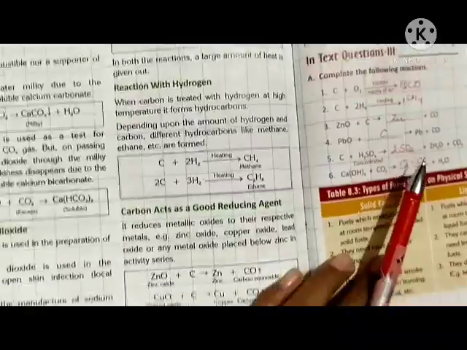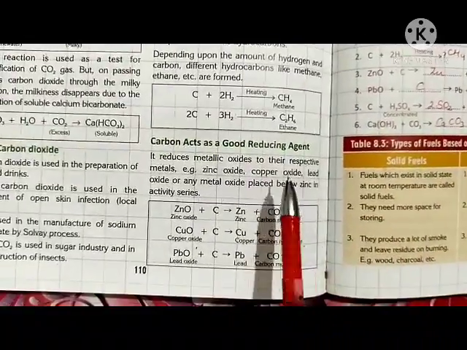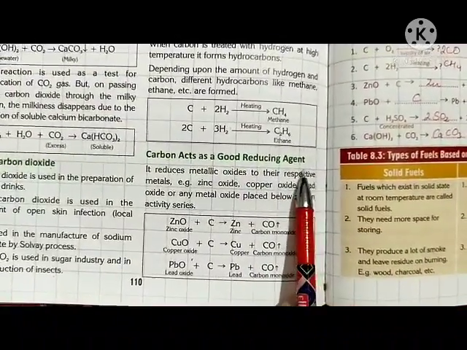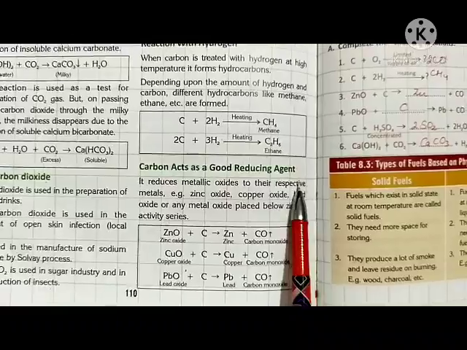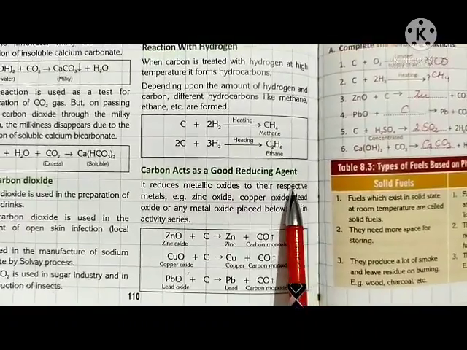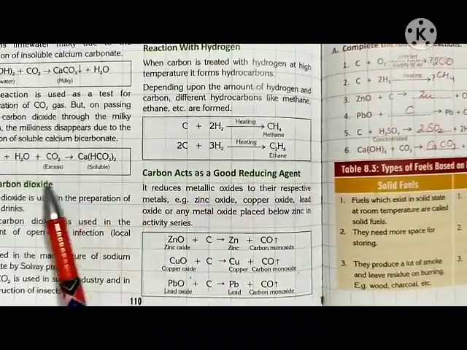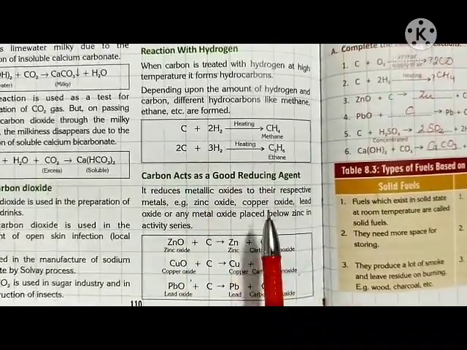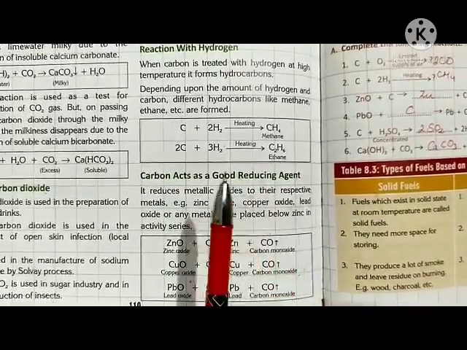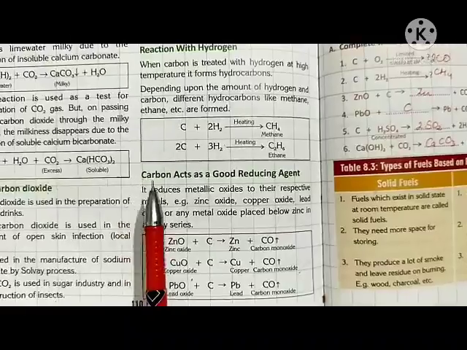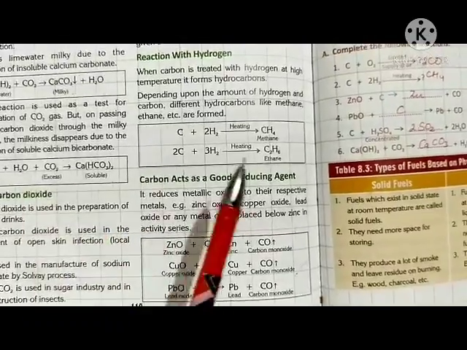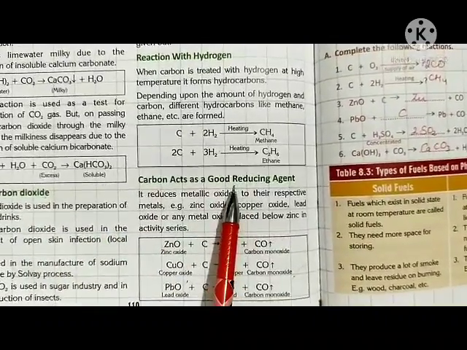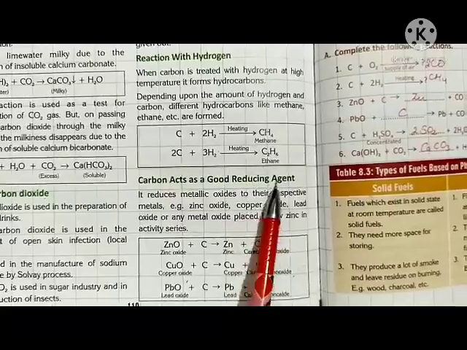Carbon acts as a good reducing agent. What is the meaning of a reducing agent, students? When oxygen is removed from a compound, the compound is reduced. So carbon is a very good reducing agent.